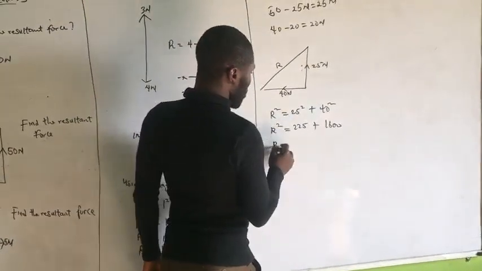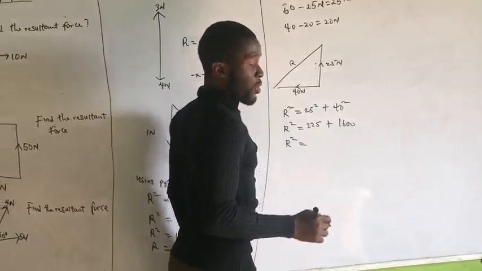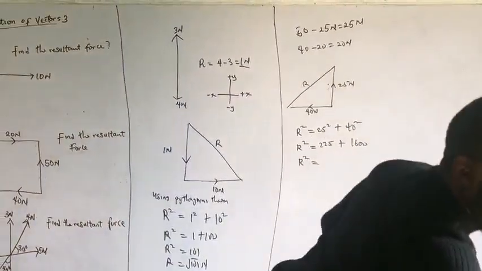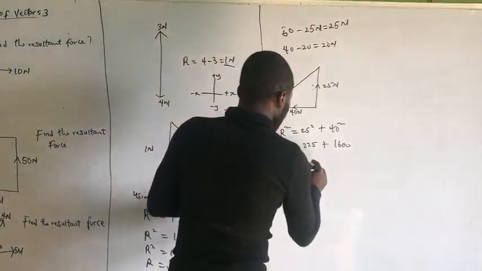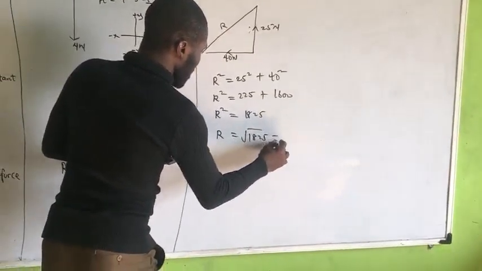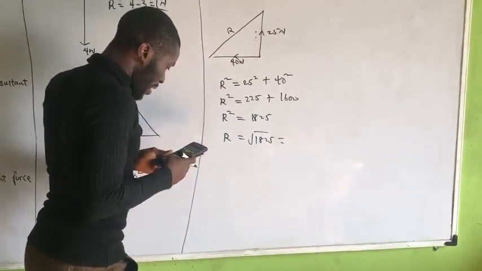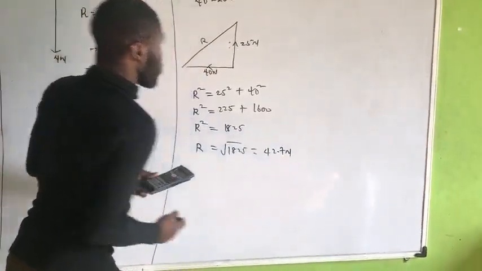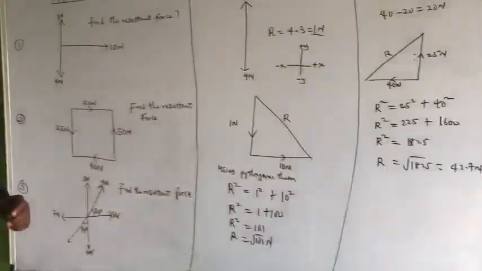So r square is 625 plus 1,600, that is 2,225. So r now is square root of 2,225, which is 47.2 Newton. So that is how we are going to do question 2.